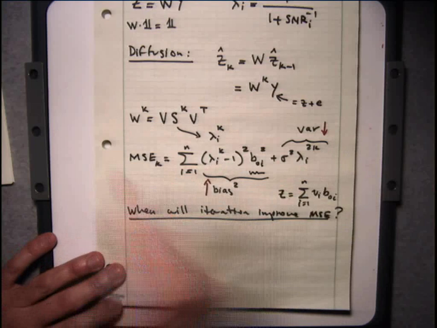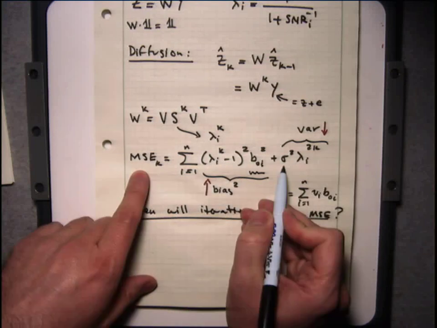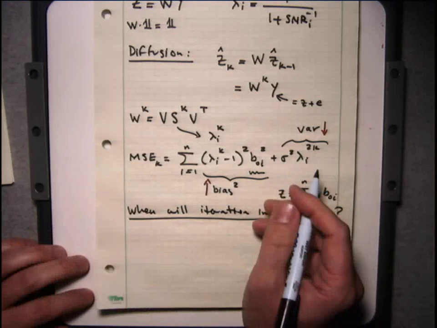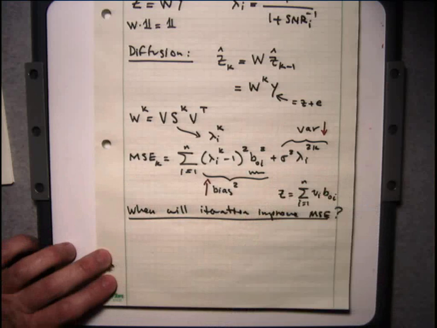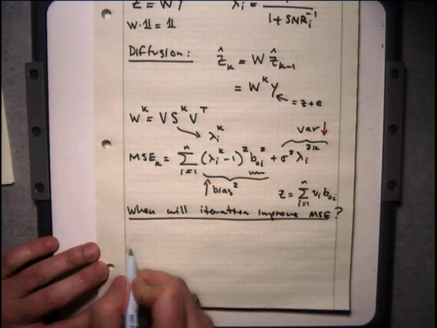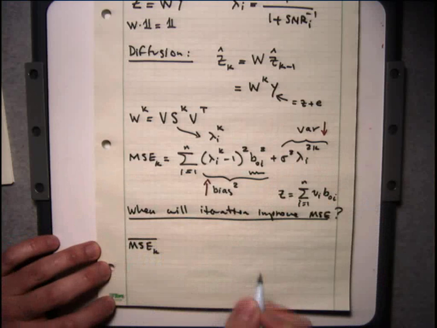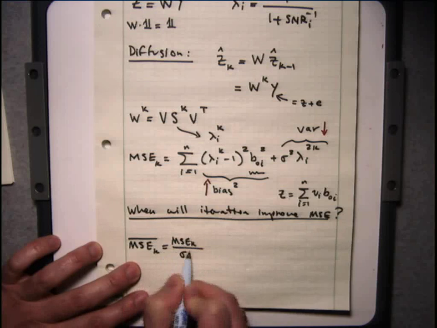So let me rewrite this equation in a slightly different form. Namely, let me just assume that I know this sigma squared. I assume that throughout anyway, so this is just the noise variance. And what I'm going to do is divide everything by sigma squared. All right, so I'm going to define this mean squared error sub k, with a bar on top of it, as the mean squared error k divided by sigma squared.